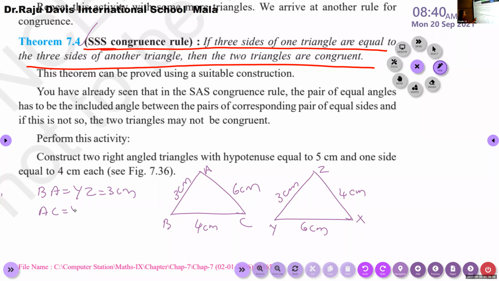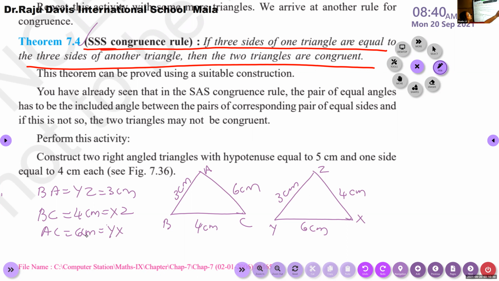AC equal to ZX, 4 centimeter. No, not AC. It is 4 centimeter is BC. BC equal to 4 centimeter, and it is equal to XZ. And AC is 6 centimeter, YX is 6 centimeter.